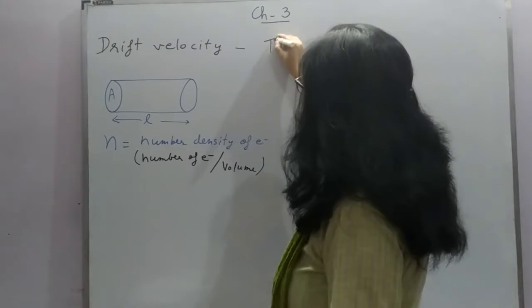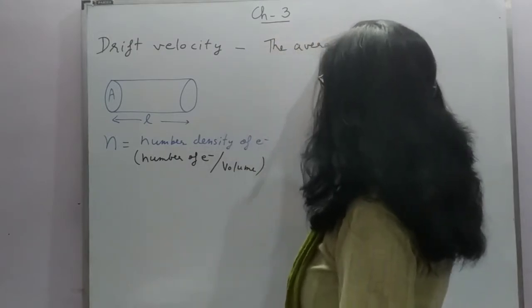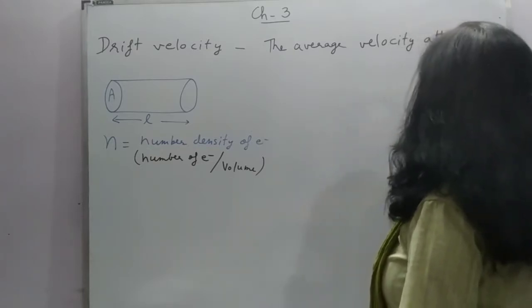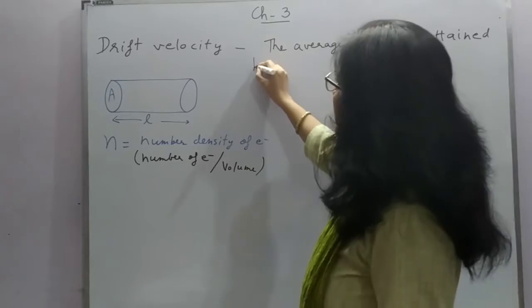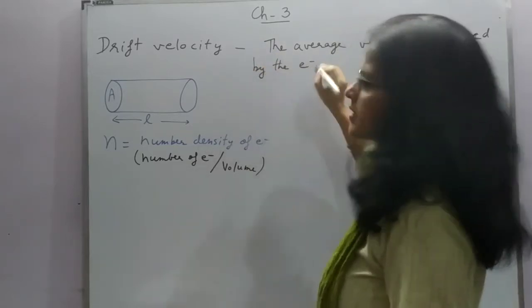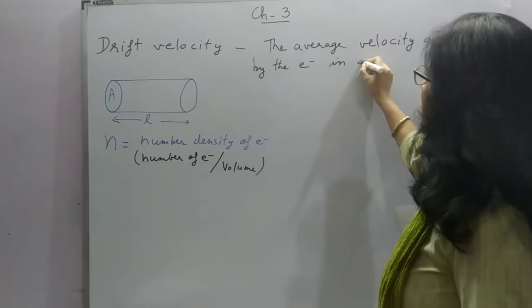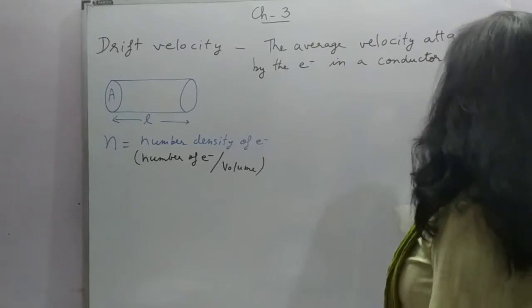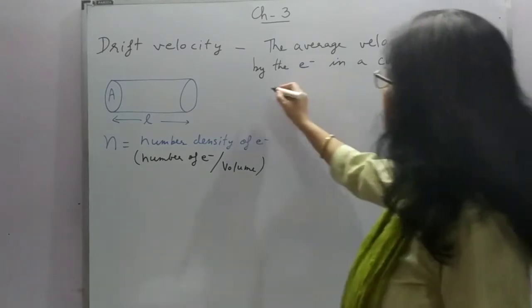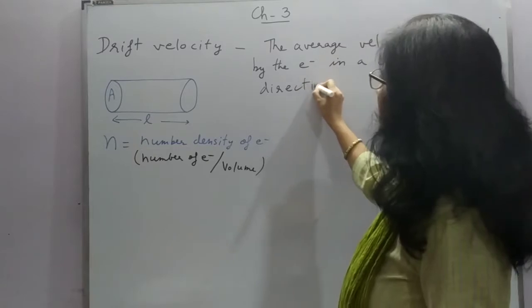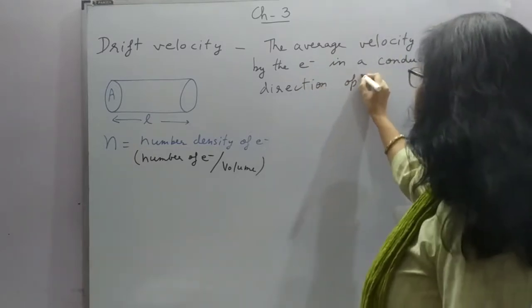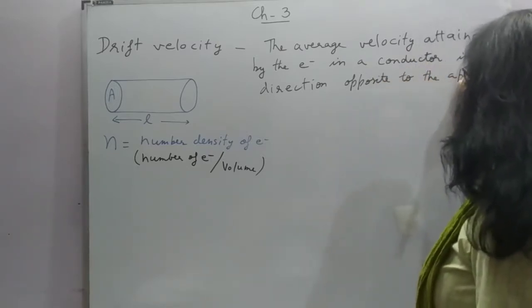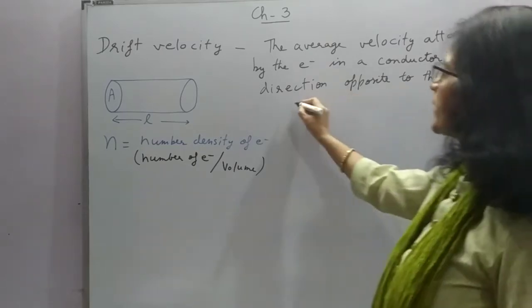So this is the average velocity attained by the electrons in a conductor in a direction opposite to the applied electric field.